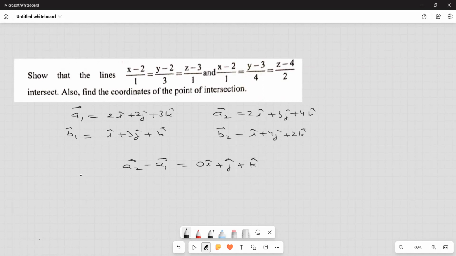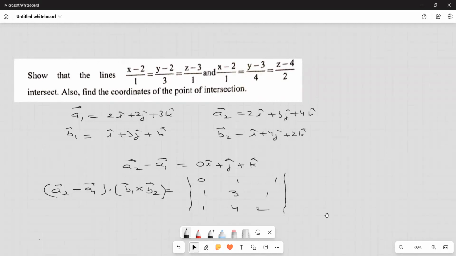So how will you write? A2 minus A1 dot B1 cross B2. Write that as scalar triple product determinant 0, 1, 1. B1 is 1, 3, 1. And this is 1, 4, 2.